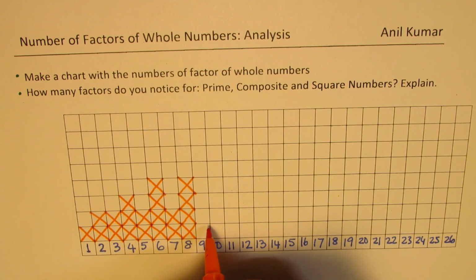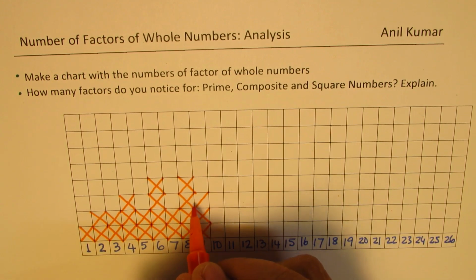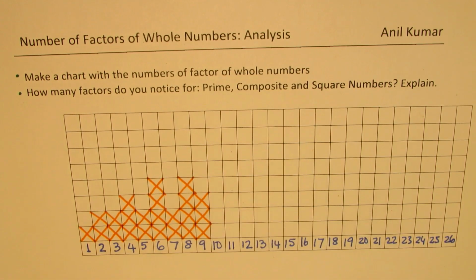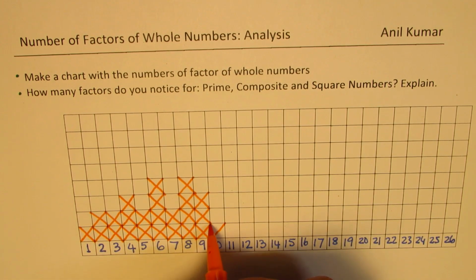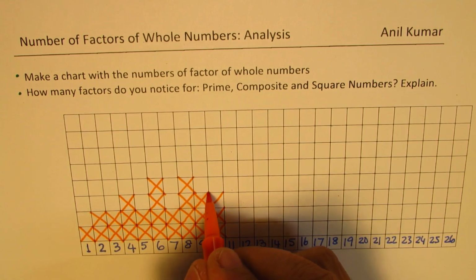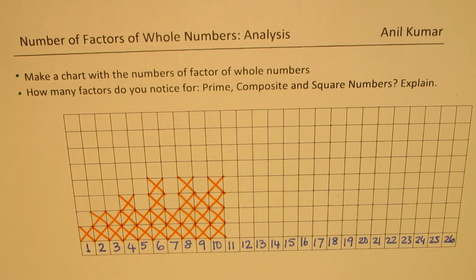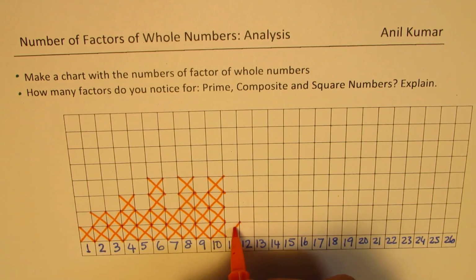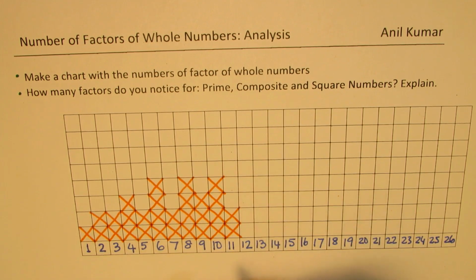As far as 9 is concerned, 1 times 9 is 9, and then 3 times 3 is 9. Talk about 10. 1 times 10 is 10. 2 times 5 is also 10. So it has 4 factors. 11 is a prime number. It has only 2 factors, 1 and the number itself, 11.